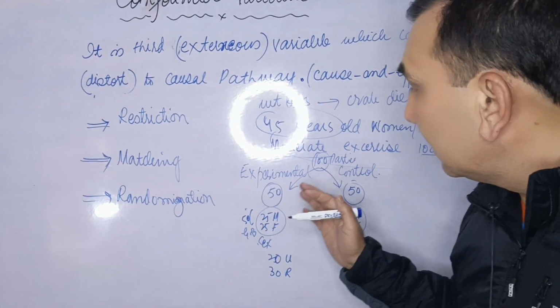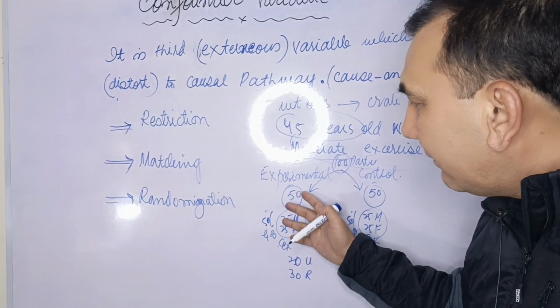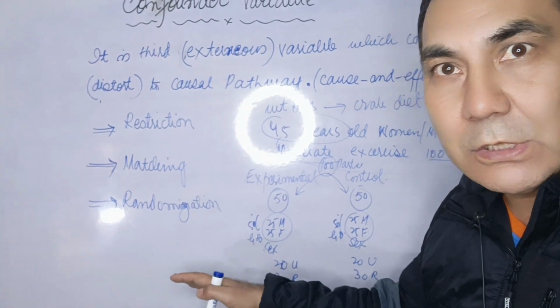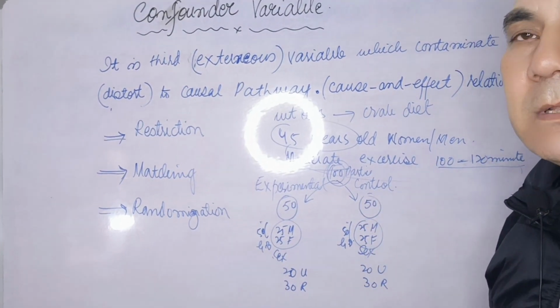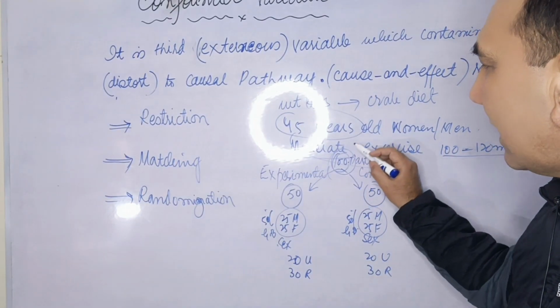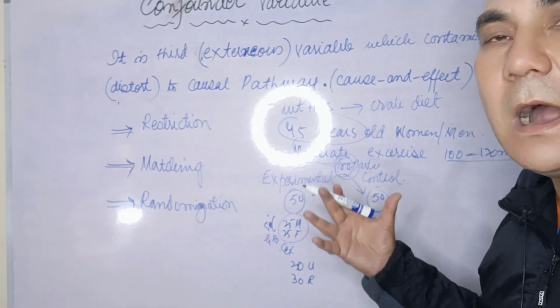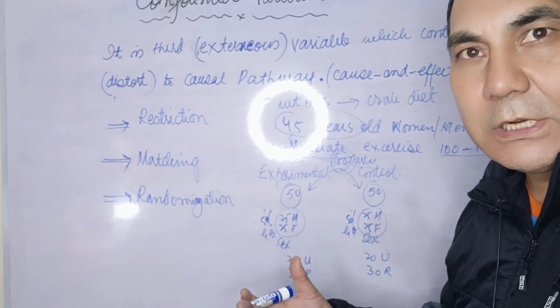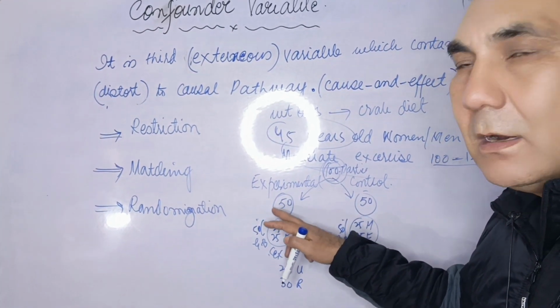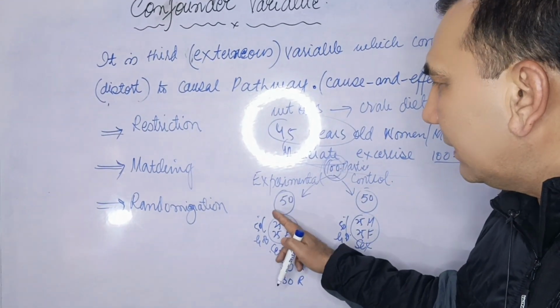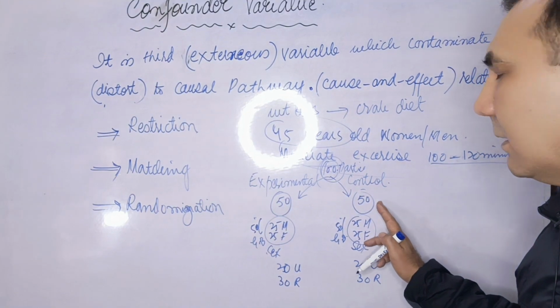You randomly assign 50 to the experimental group and 50 to the control group from the 100 sample size, and these 100 you already selected with random methods, and again randomly you assign half, 50 to the experimental group and 50 to the control group.